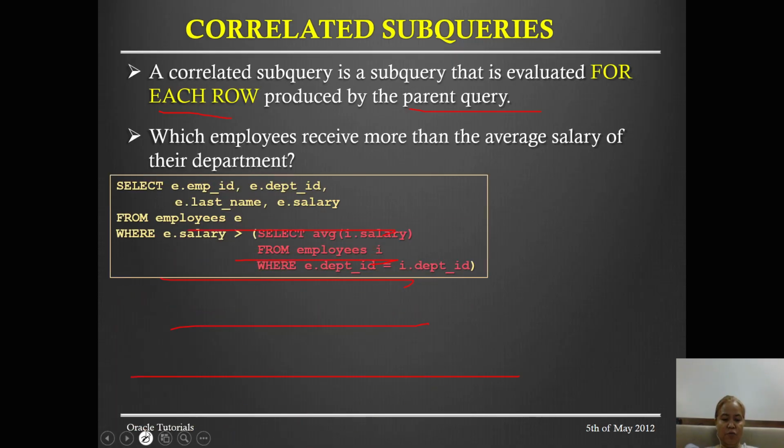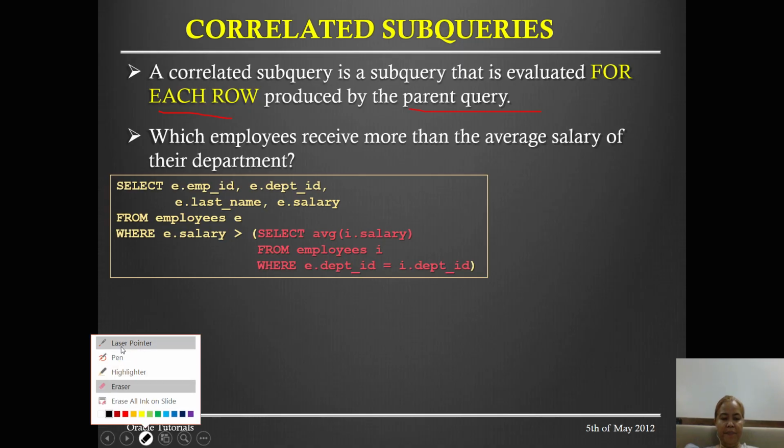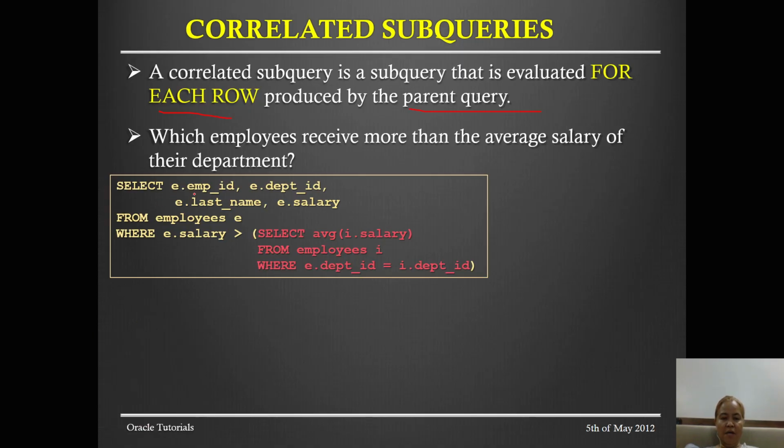This is the example: select kung ano yung field mo na gusto mong ipa-select, and then sa ang table, where kung ano yung function na gusto mong makita. Kasi gusto mong makita ay sino yung mga employee na makaka-receive ng average salary of their department. So, ganito lang yung gagawin mo.